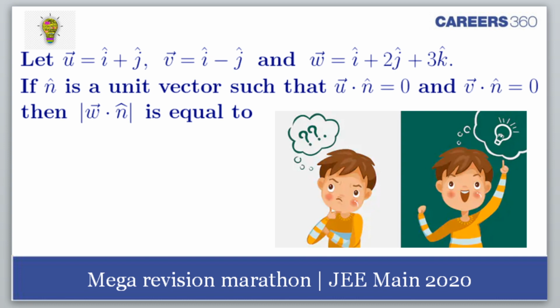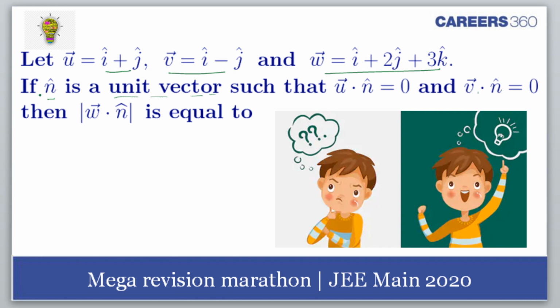Now, here we have a question. We have a question like U is I plus J, V is I minus J, and W is this. N vector is a unit vector such that U dot N is 0 and V dot N is 0.